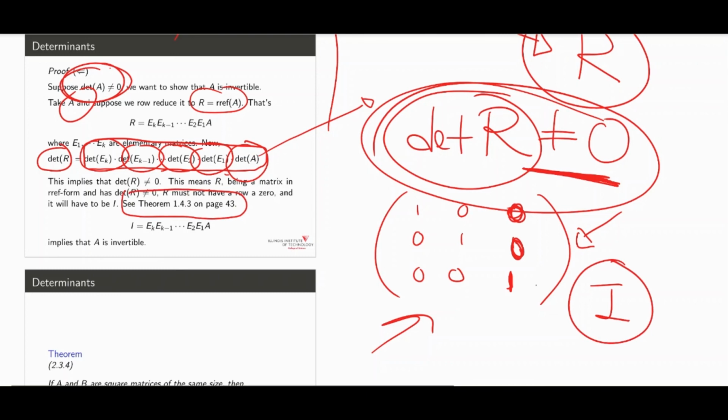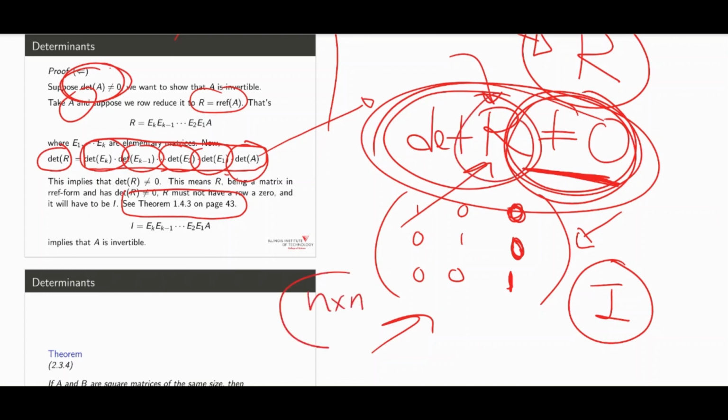If your RREF matrix, not any matrix, but your RREF matrix, has determinant not equal to 0, this R really has no choice but to be the identity matrix. Bear in mind that this R is also a square n by n matrix. Square n by n matrix, RREF, determinant not equal to 0, that R has to be I.